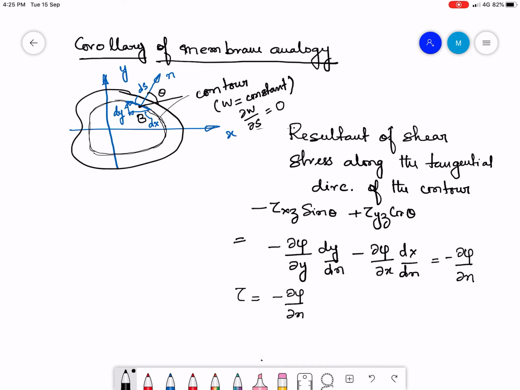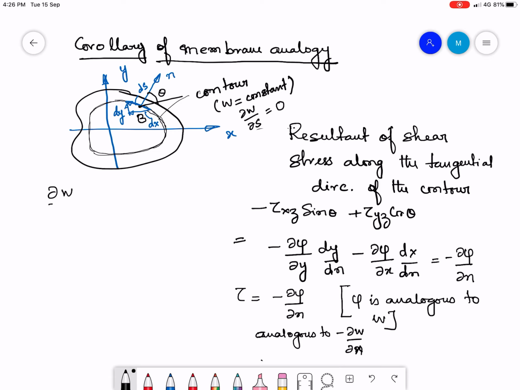Now, phi is analogous to W. Therefore, del phi by del n is analogous to minus del W by del n. Now, what is del W by del n? Del W by del n is nothing but the slope of the membrane at that point.